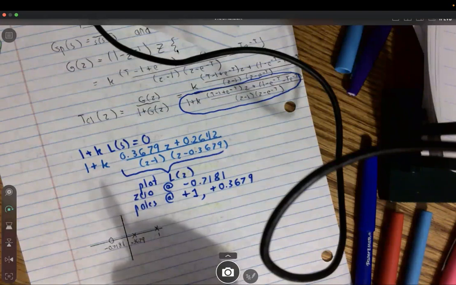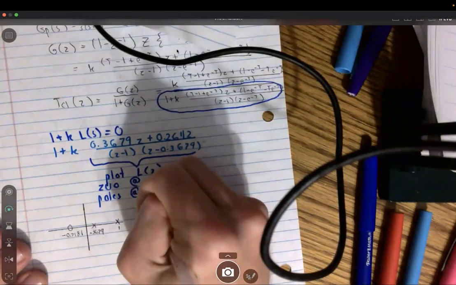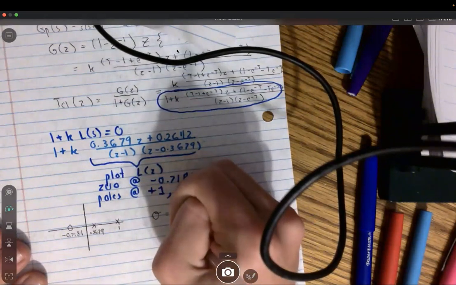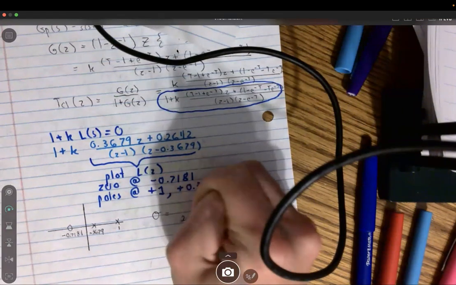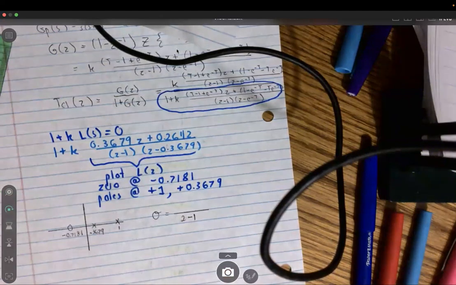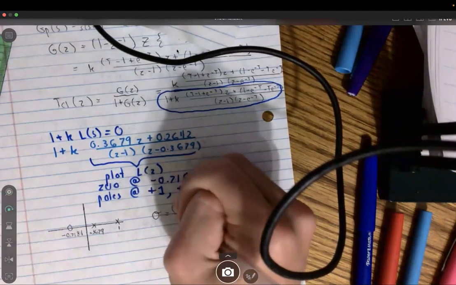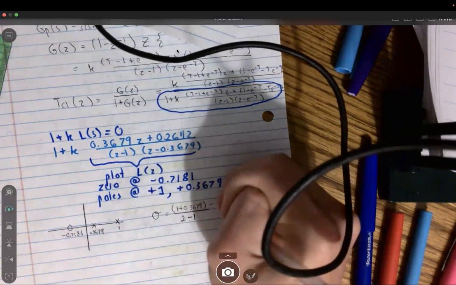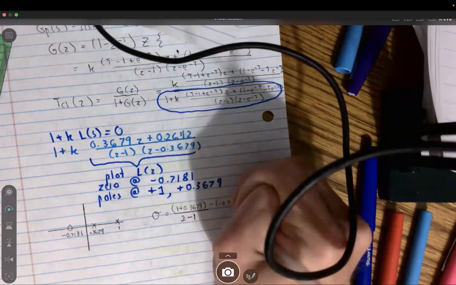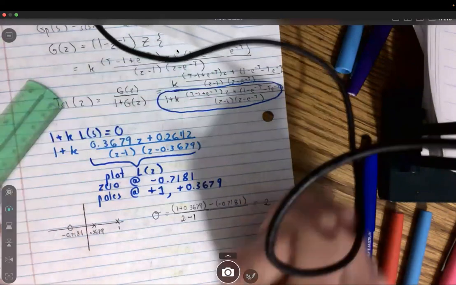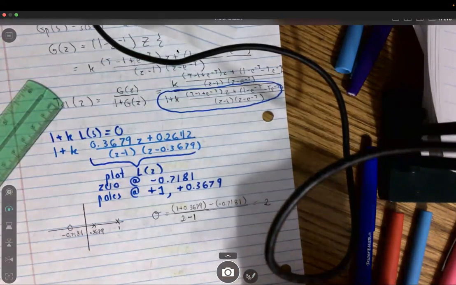Remember how your sigma, your asymptote, is equal to the number of poles, which we have 2, minus the number of zeros, which is 1. So you add your poles together, 1 plus 0.3679, then subtract your zeros, which are at negative 0.7181. When you do this, you're going to get your value specifically at 2.